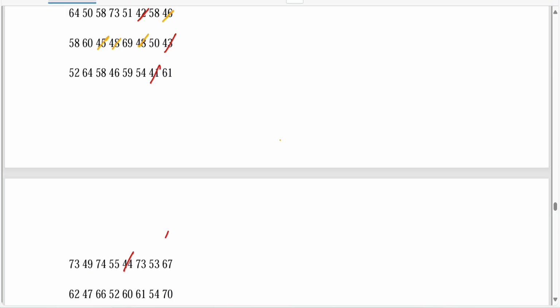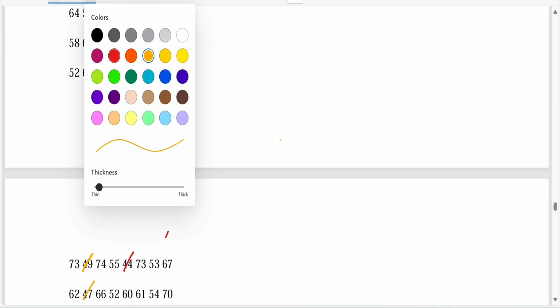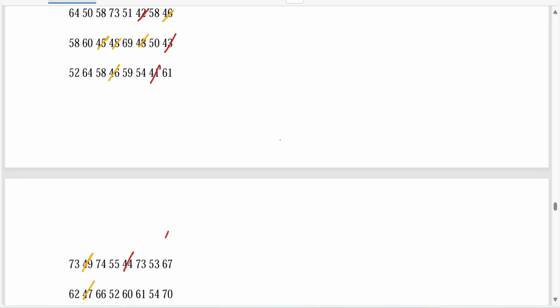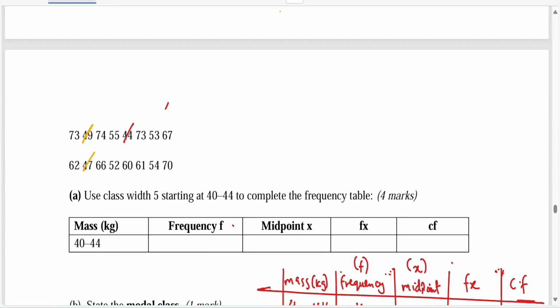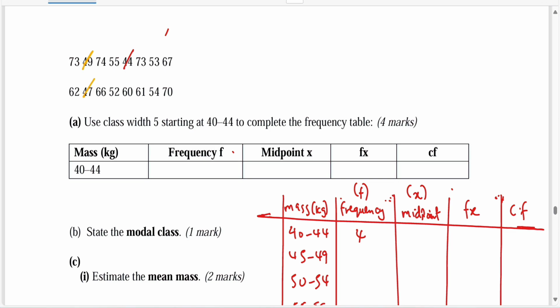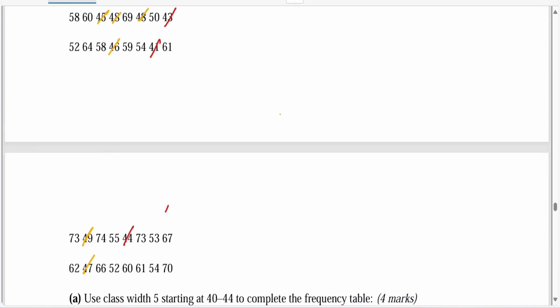Third row 45 to 49, this one. You don't have anything else. 45 to 49, this one. So how many numbers are those? If you count them together, 1 2 3 4 5 6 7. Frequency is 7.